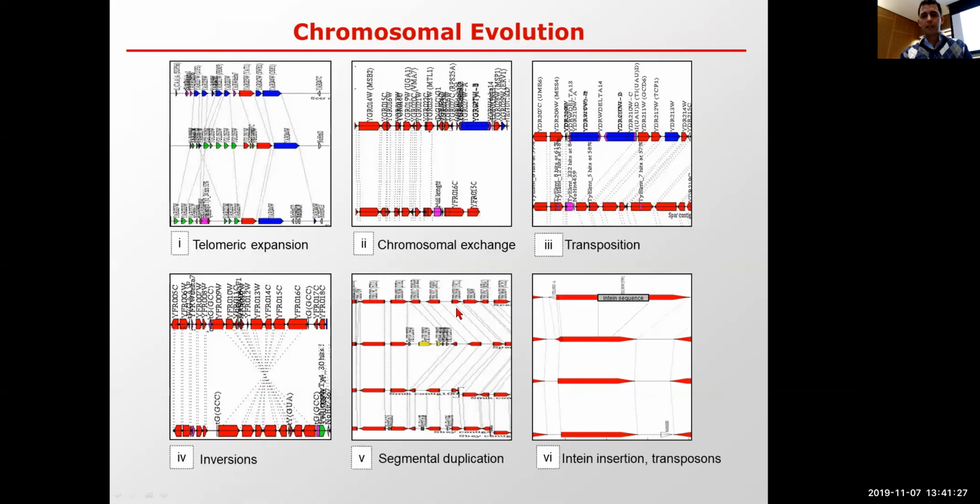You can also find these segmental duplications where several genes from one chromosome have now jumped into another chromosome. This is my favorite. This is an insertion of an intein. An intein is kind of like an intron, but at the protein level. So it's something that gets spliced out post-translationally. And this turns out to be a virus.